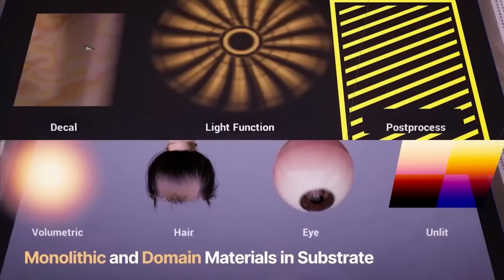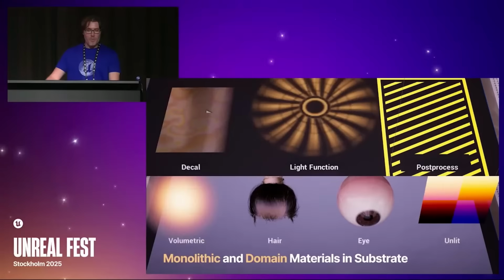When using Substrate, any material graph can be used as a decal. Just insert the Convert to Decal node before connecting to the front material input to ensure correct interpretation. At the bottom of the slide, we can also see examples of monolithic materials. As before, these materials are intended to be used in isolation. They represent complex, standalone phenomena where material blending either doesn't make sense or would be too expensive.